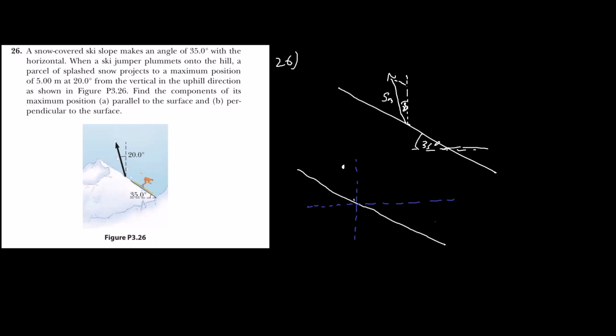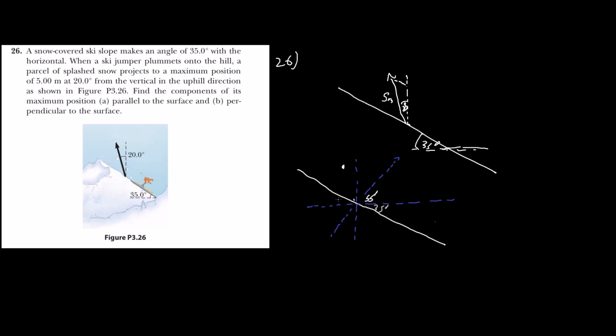But if you were perceptive, if this is going to be 35 degrees, this is going to be 35 degrees. And since we're going to make a perpendicular pathway right here, notice what I'm doing, then this angle is going to be 55 degrees, because 55 plus 35 would be 90 degrees.